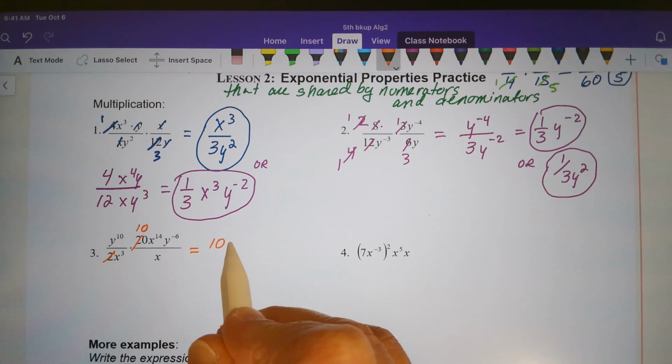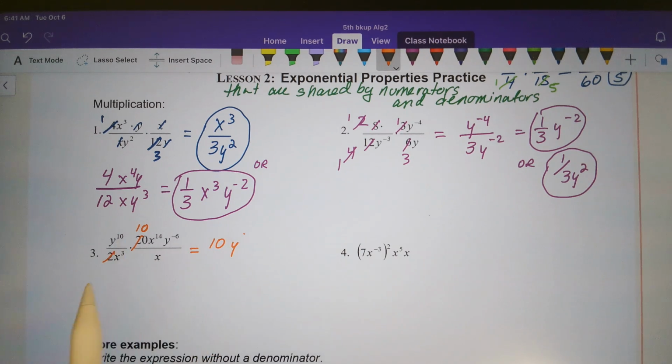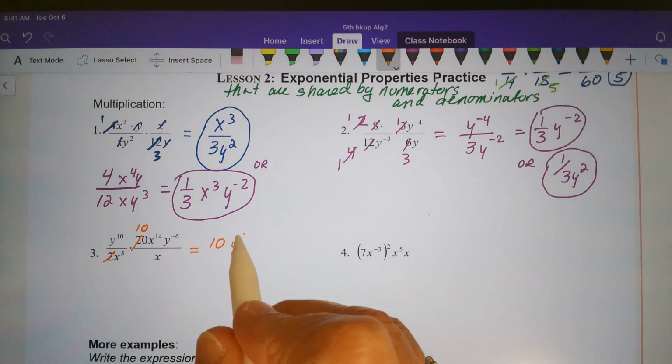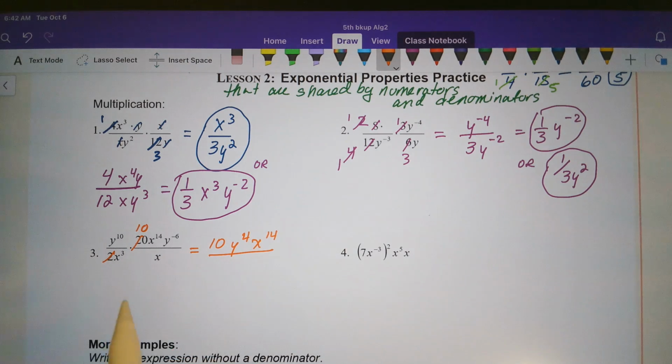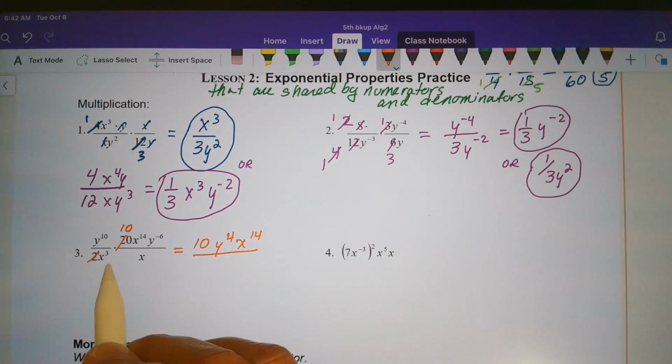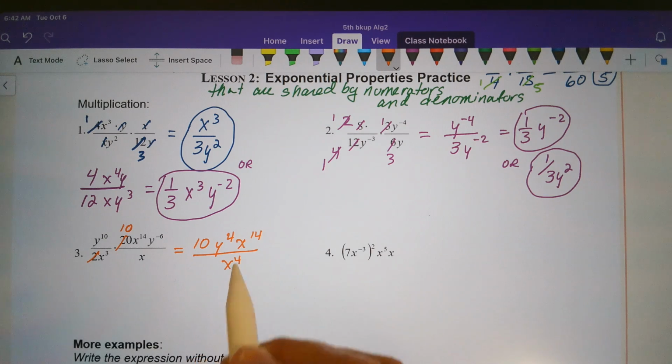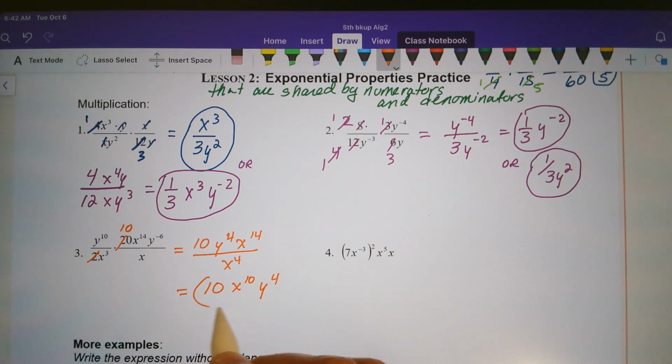So we have 10 y to the 24th, nope, sorry, y to the positive 4, x to the positive 14, divided by x to the third times x is x to the fourth, which is equal to 10 x to the 14th divided by x to the fourth is x to the 10th, y to the fourth. So 10x to the 10th, y to the fourth.